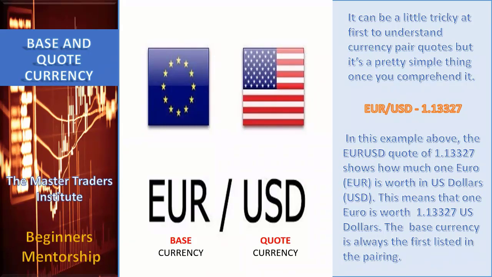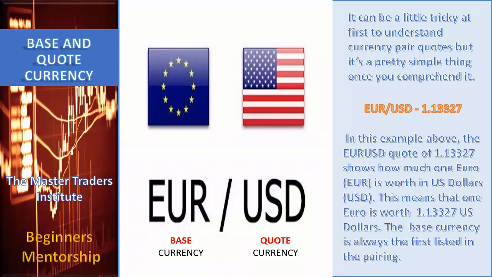So whatever value is attached to that particular pair, EUR/USD, the value is for the euro, the first currency. Just like you say USD against Nigerian naira at 510, which means $1 is 510 naira. So what this means here is that 1 euro is worth 1.3327 US dollars.